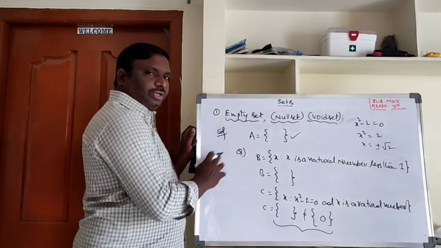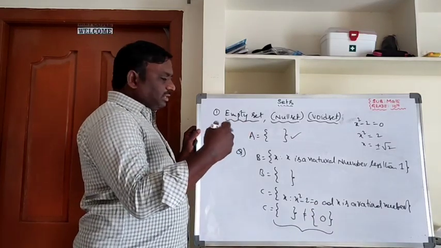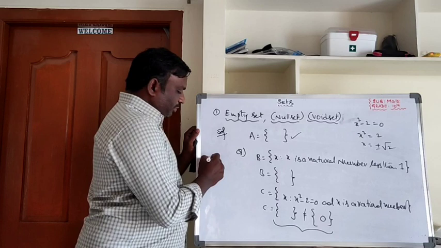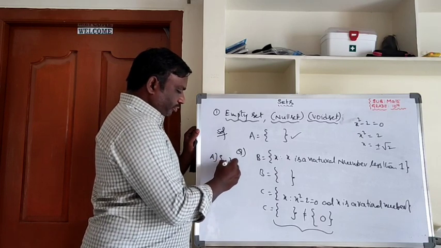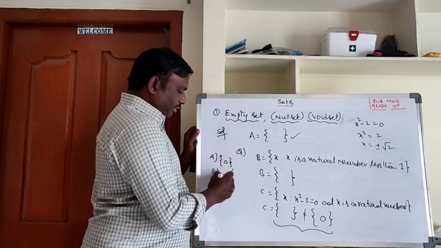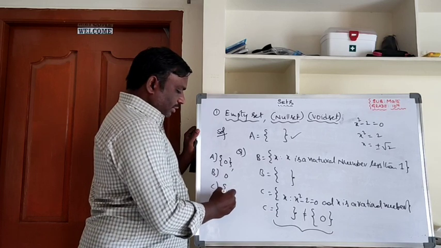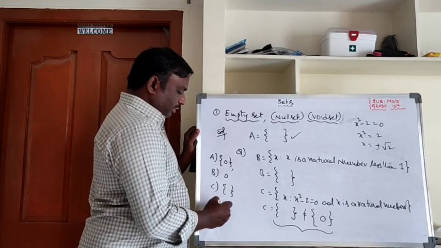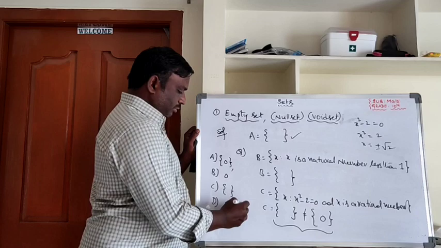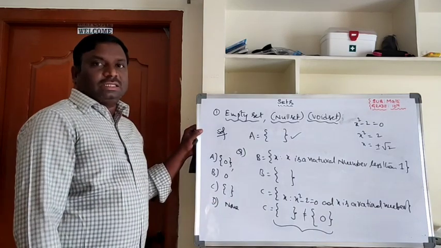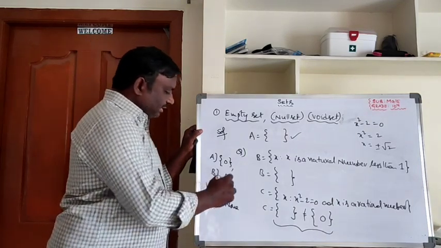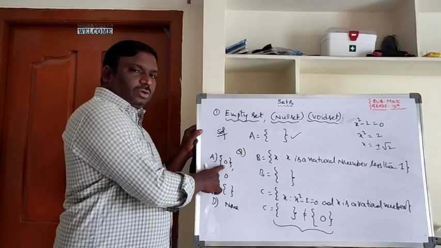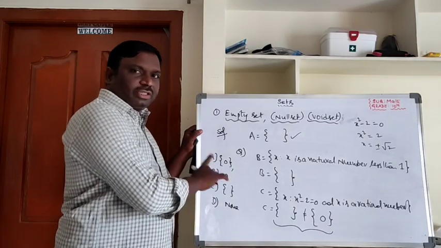They will ask the question: what is the example for null set? Option A, option B, option C, option D, none. Example for null set, we can take it as C. We cannot take 0. 0 is also one of the elements for a set.